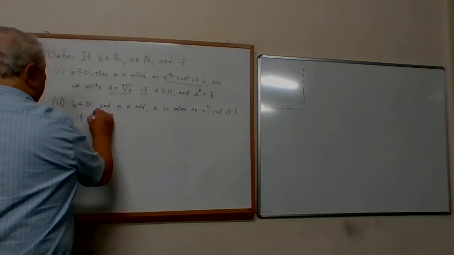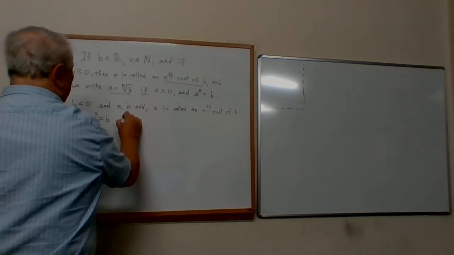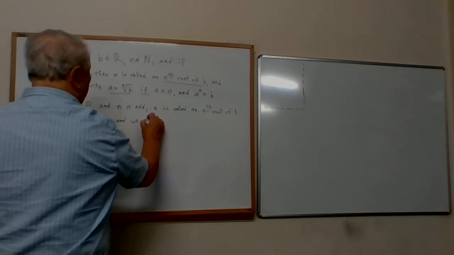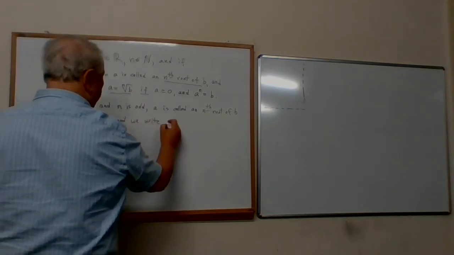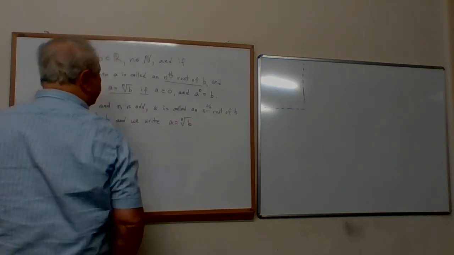Just that a to the n equals b. And we write it the same way, that a is the nth root of b.